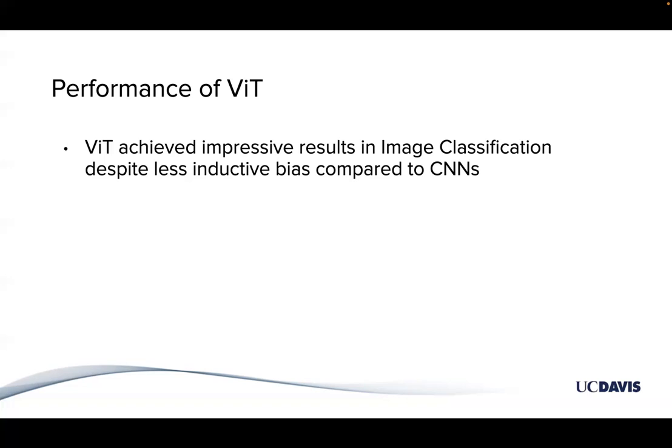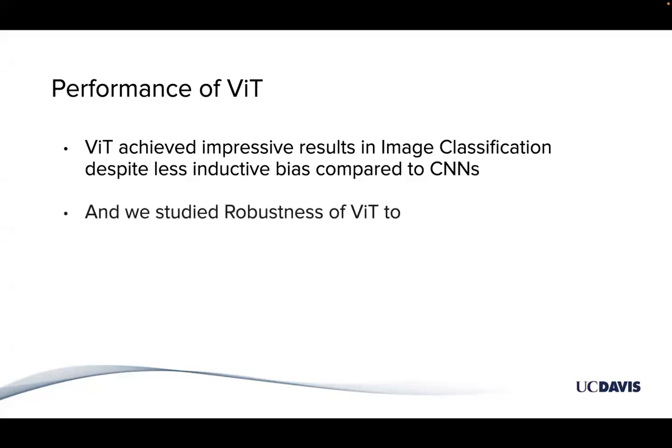Unlike natural language processing, calculating each pixel's context to each other pixel in the input image is infeasible and not worth the computation. Even with this low inductive bias, the vision transformer managed to achieve impressive accuracy in the image classification task.